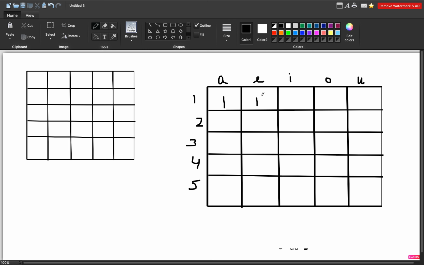Here we are storing the total number also, so for i it will be 1 plus this one, which will be 2. For o, previous plus 1, which will be 3. Similarly for u, previous 3 plus 1, 4. For u, previous plus 1, which will be 5.